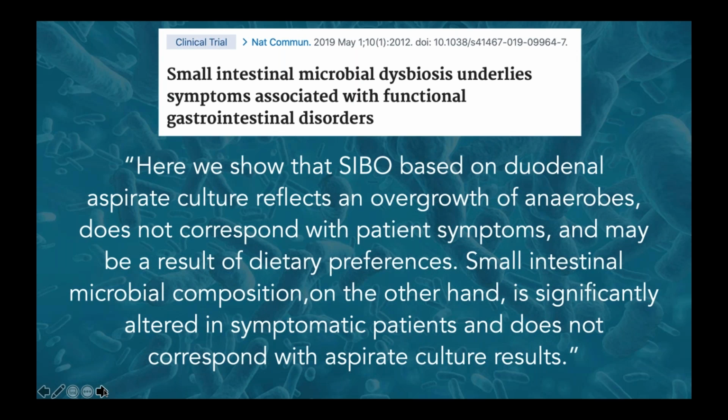There's certainly been a lot of criticism of this study, a lot of discussion and debate over these types of contrary studies that call some aspects of SIBO and SIBO testing into question. But it does really emphasize that newer technologies are helping us better understand what's going on in the small intestine, and particularly which microbes may be associated with symptoms in a given patient.